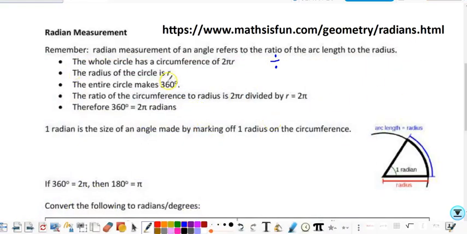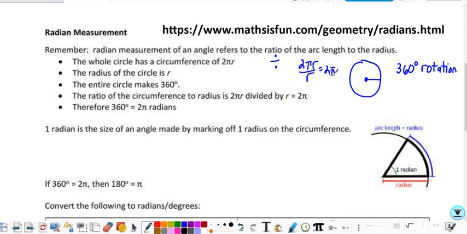So the entire circle is 360 degrees. So if we look at a circle, if I take a ray, my radius, and I swing it all the way around, it goes around 360 degrees. The ratio of the circumference, which is 2 pi r, divided by the radius, so the whole circumference divided by the radius, simplifies to 2 pi.